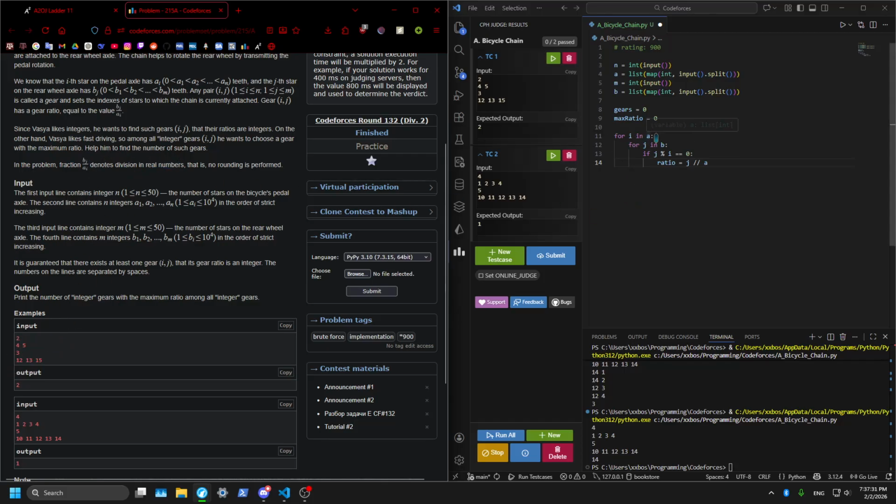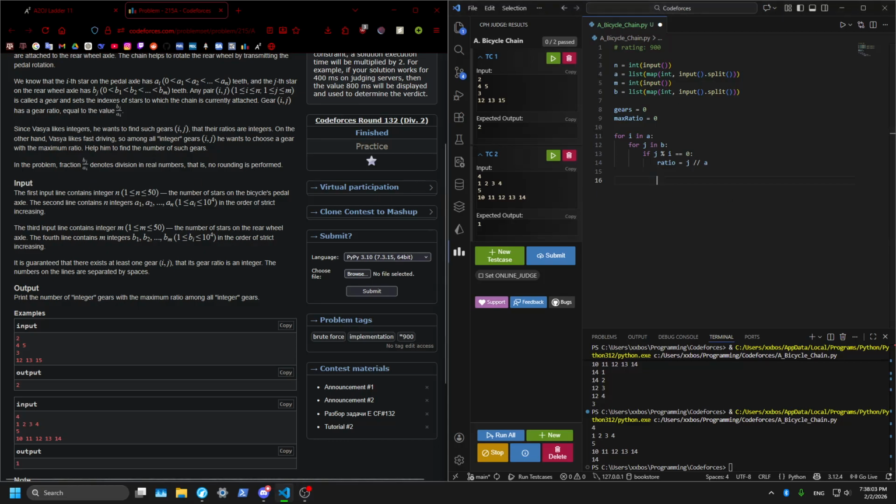So basically what I have set up so far is 2 for loops and a variable that tracks gears and max ratio, and the numbers are small enough, 10 to the 4, to have O(n squared) time. So I'm just checking if j evenly divides i, then our ratio is j divided by a, and then we can pretty simply finish this problem with some if statements.